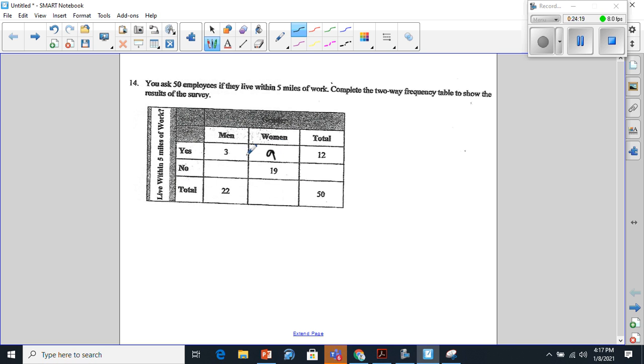This also helps me over here because I know that if there are 12 total in this area, and then there are 50 total here, remember the total is all these together. So 50 minus 12 would give me 38. So that fills out that block. And now that helps me here, because if I have 38 minus 19 women, well, that's going to leave me 19 men.